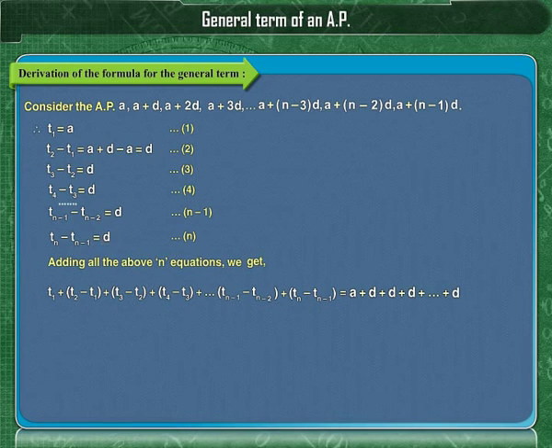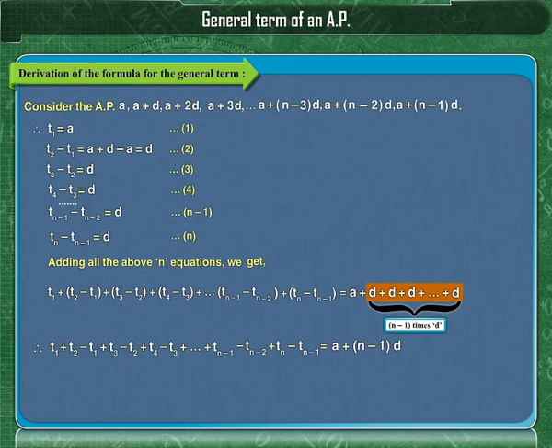What is the sum of all the d on the right side of the equation? It is (n minus 1) times d. The right side is a plus (n minus 1) into d.